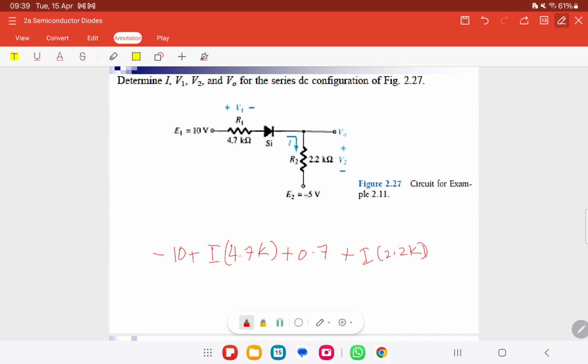Macam mana tu? We have kat sini. How to do? Minus 5 equals to 0. Okay. Why minus 5? It is actually kalau this part yang saya lukis balik, this one dia consider as connect macam tu, baru pergi ke ground, sebab dia negatif kat situ.